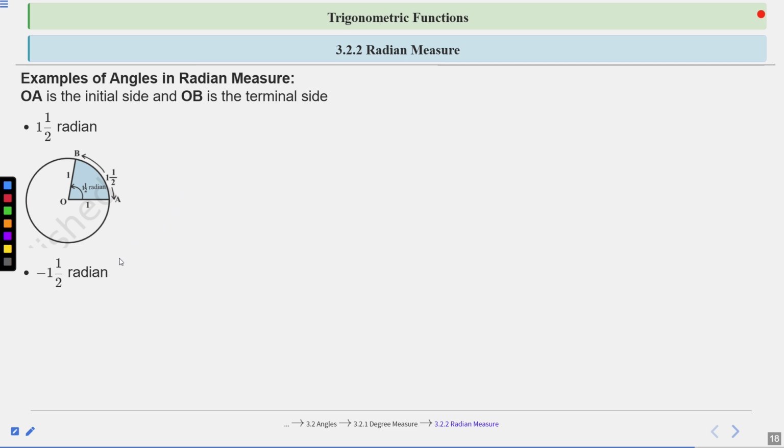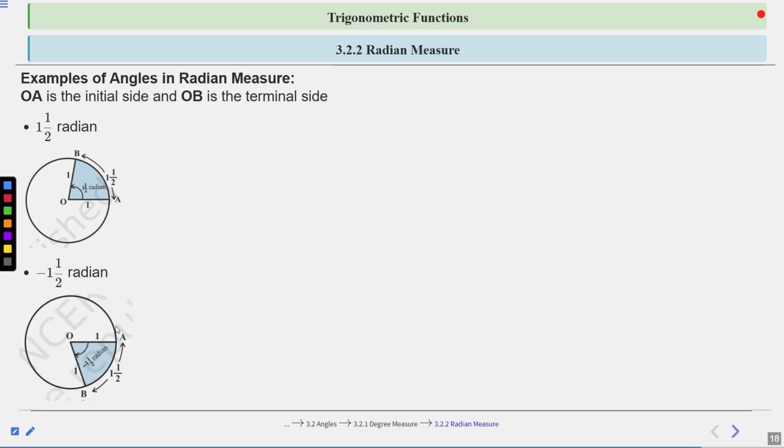Now, what about minus 1 whole 1 by 2? In the previous one, the movement is anti-clockwise. Whenever you see a minus sign, you have to move clockwise.